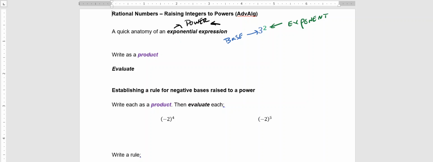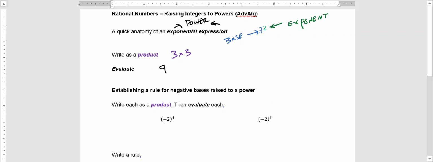And we've already had some experience with writing powers as products. A product is just using repeated multiplication. So if I wanted to write 3 squared as a product, I would simply write 3 times 3. And then if I wanted to evaluate that, I would simply write 9. So that is the language that we want to make sure we understand.